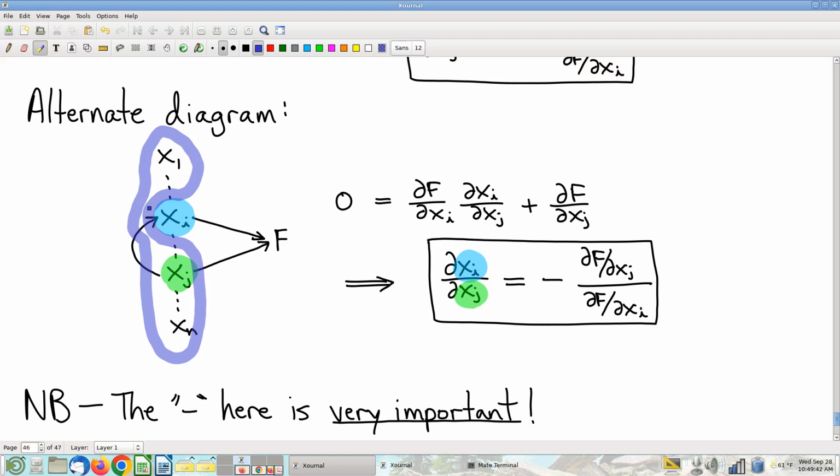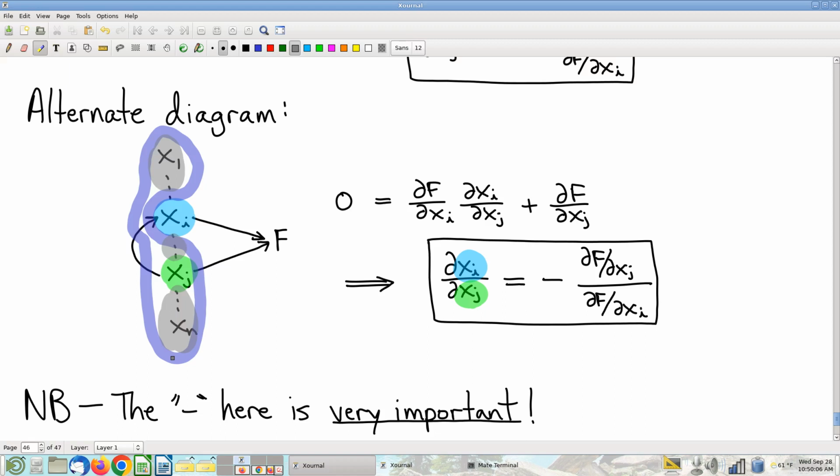I'm taking the partial with respect to xj, viewing xi again as being a function of these other variables. When I say partial with respect to xj, what I mean is all of the other variables are to be held constant. So all of these variables constant, and whatever might be down here, all to be held constant.